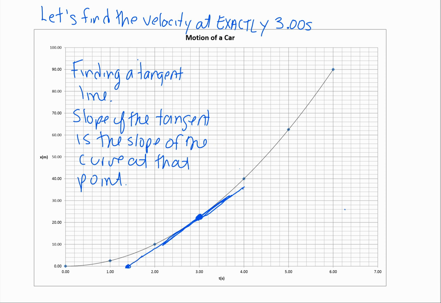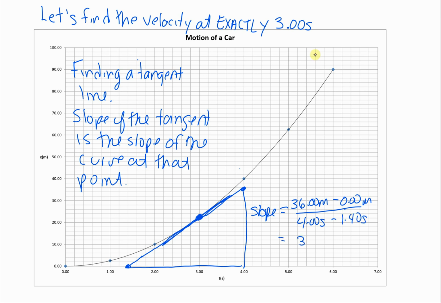So pick 2 points on the line. Once again, we won't be perfect. Not a lot of straight edges, but this is okay. And I'm just going to find the slope of that line. Well, let's see what we have. Oh, about 36 meters minus 0 meters over 4 seconds minus 1.4 seconds.